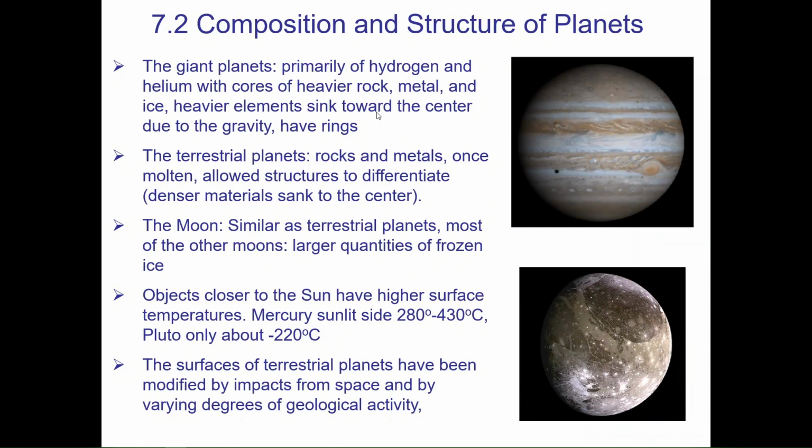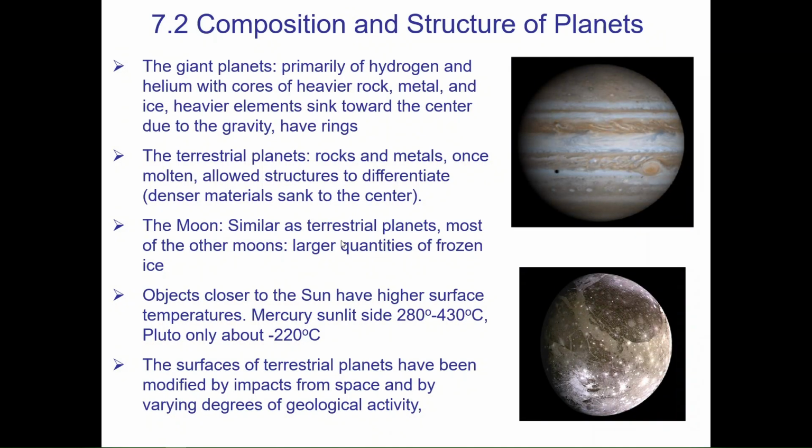There are a couple of reasons why the inner planets and the outer planets look so different: why the inner planets are so small but the outer planets are so big, and why the moons in the region of the outer planets have a larger quantity of frozen ice, but our moon is mostly rocky material.